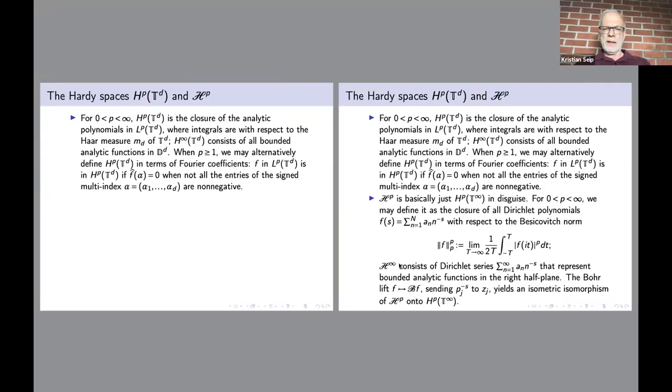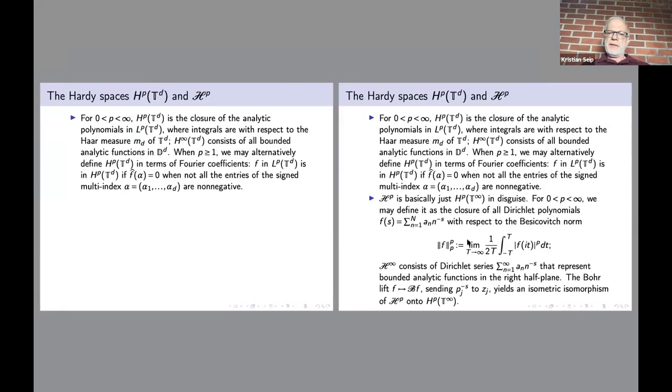And in the case when p is infinite, we declare that curly H infinity consists of Dirichlet series that represent bounded analytic functions in the half-plane.